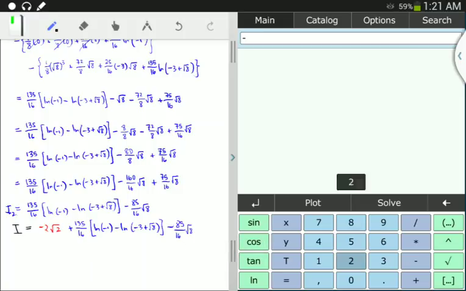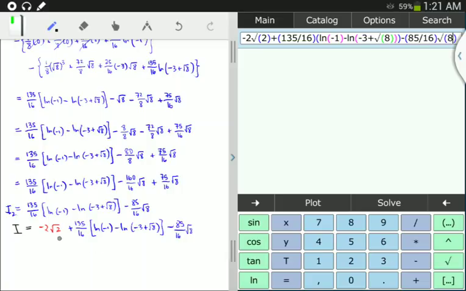So you have negative 2 square root of 2 plus 135 over 16 multiplied by the quantity ln of minus 1 minus the ln of negative 3 plus square root of 8, and then the entire thing minus 85 over 16 multiplied by the square root of 8.